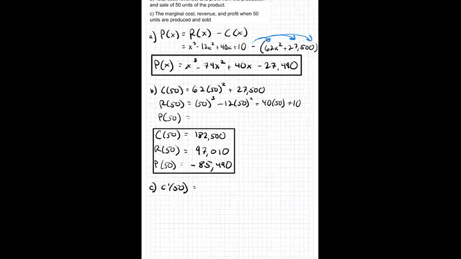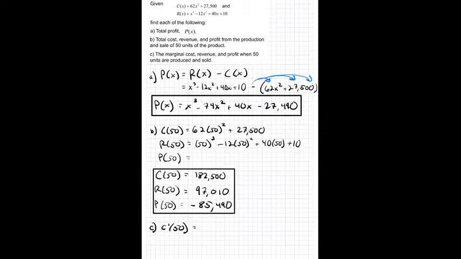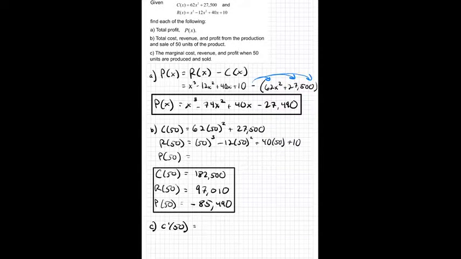Okay, it's a little bit up there. What is that? 144x. So that's going to be 144 times 50. Hey Siri, what's 124 times 50? 124 times 50 is 6,200.